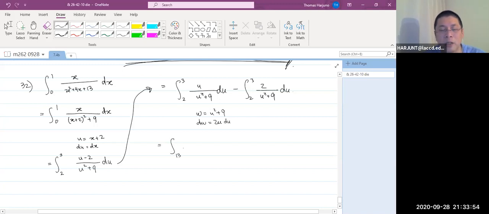That's 13 here, that's 18 here, I have 1/2 dw over w, minus the integral there, that will be 2 over 3 tangent inverse of u over 3 from 2 to 3.